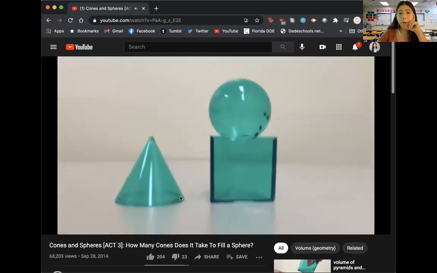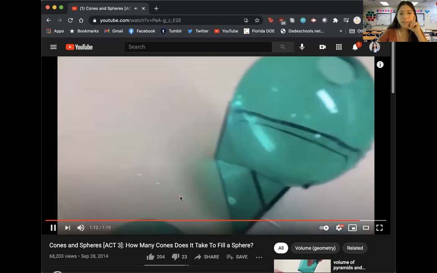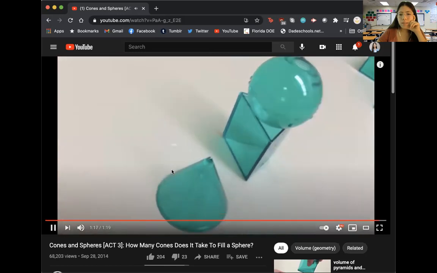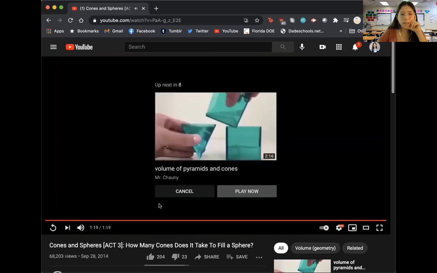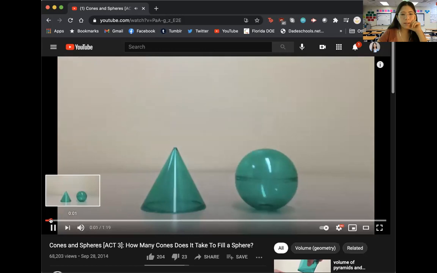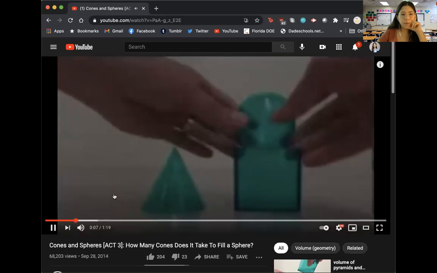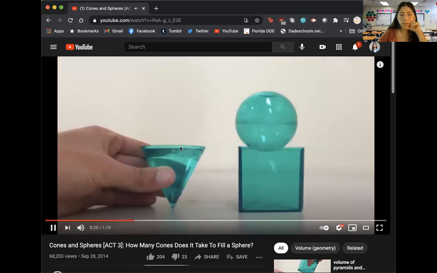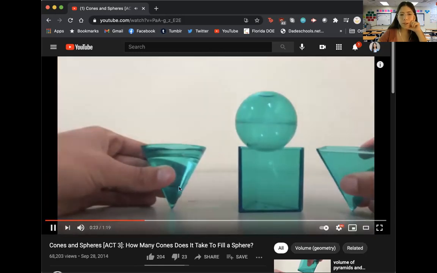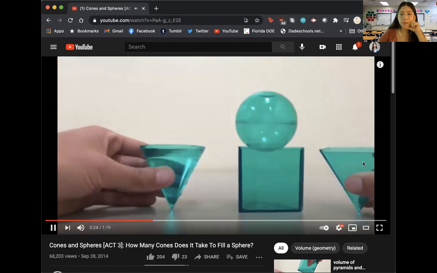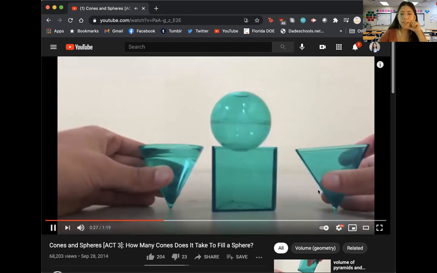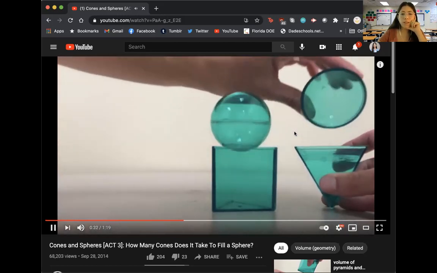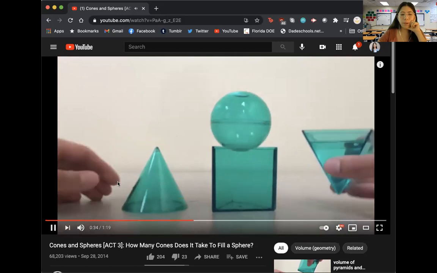Okay, so it's obviously not perfect, but basically what's going on here. Let me go to the beginning and just explain. So he fills up the cone. So the cone is full. He uses the volume of a cone. He puts it into the pyramid, I think because the pyramid is a little bit easier to pour rather than pouring it directly from the cone.